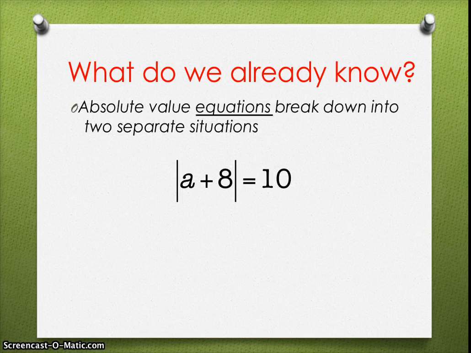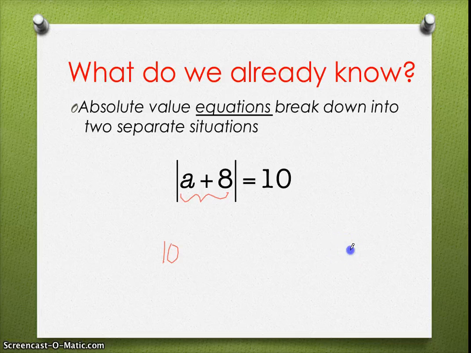So we also want to review that in order to solve absolute value equations, there are actually two situations that are true. So for example, we have the absolute value of a plus 8 equals 10. So we're asking ourselves, what are the values of a plus 8 that will get me a distance of 10 units away from 0? We know that the number positive 10 is 10 away from 0.